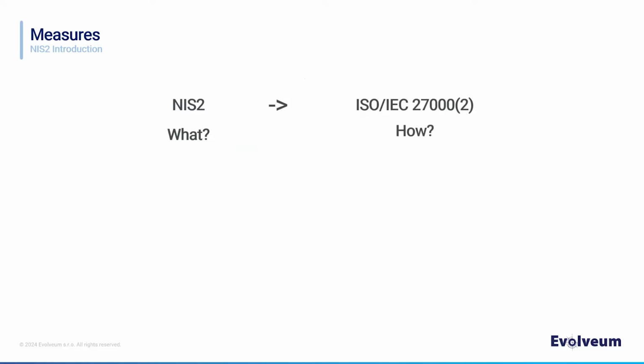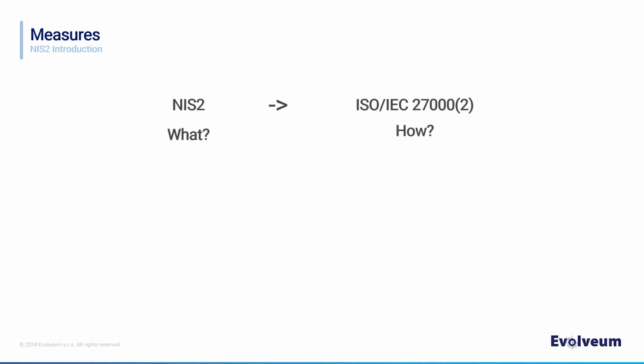You can use, for example, ISO 27000, which is a series specifically mentioned in the directive, and I will specifically recommend ISO 27002, which is a guideline for implementing cybersecurity controls, and it will tell you how to implement, for example, incident handling.